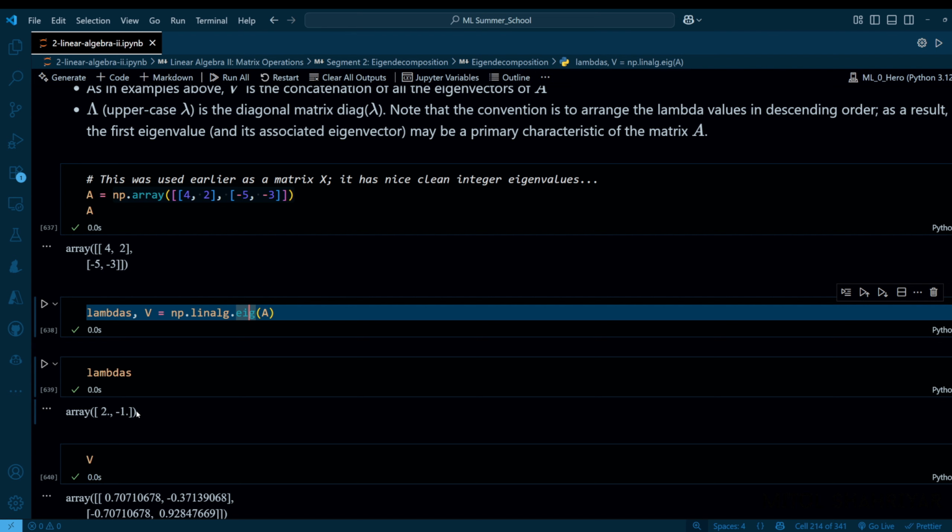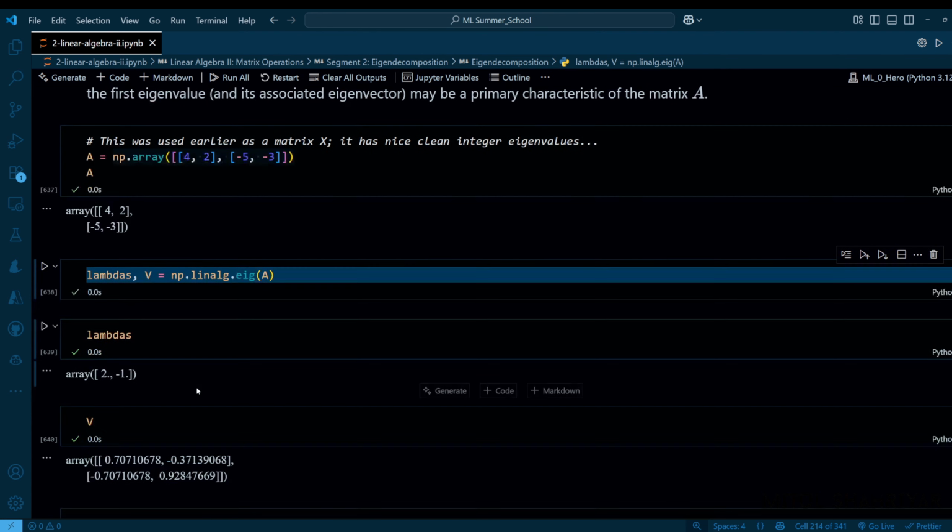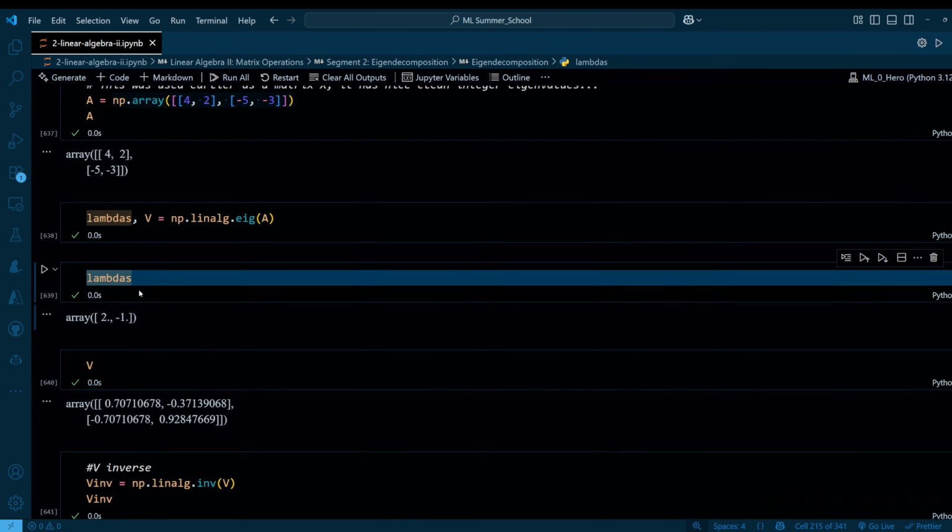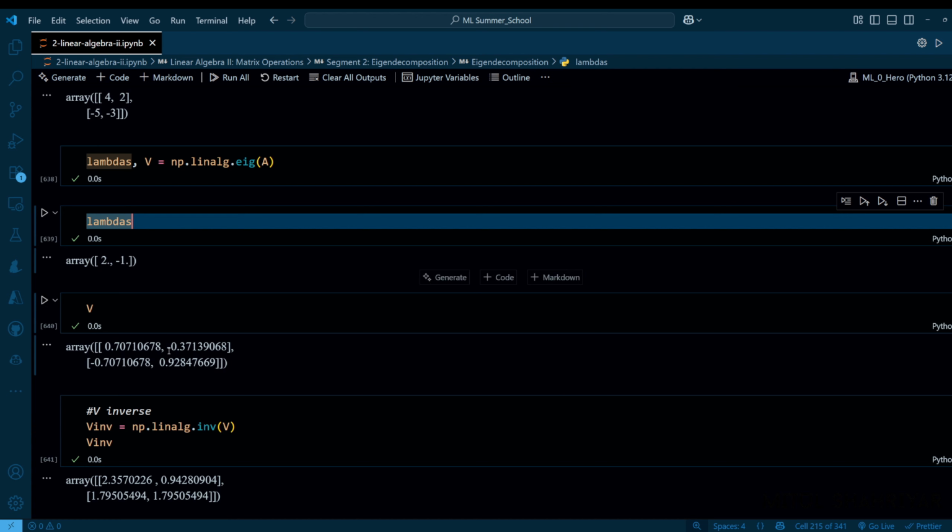So if you haven't seen that, you can just check the video in the series. We just called it lambdas. This is how we showcase our eigenvalues: 2, minus 1, no issues.